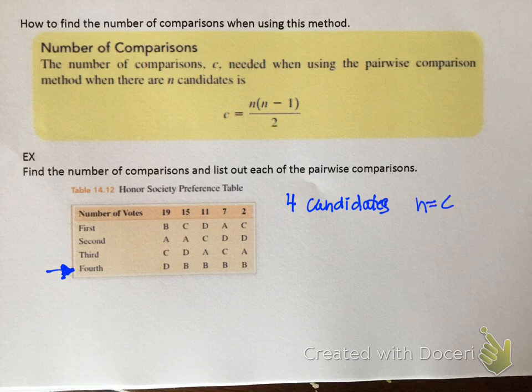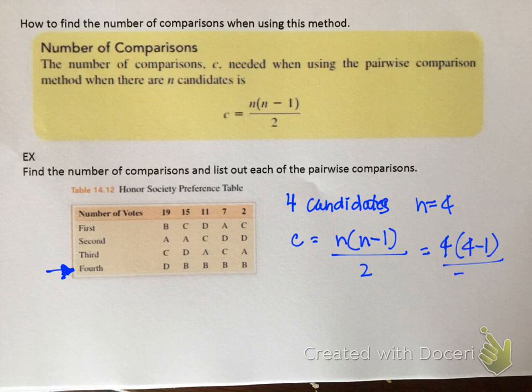So n equals 4. So if I put that in the formula, C equals n times the quantity n minus 1 over 2, we get 4 times 4 minus 1 over 2. So this becomes 4 times 3 over 2, which is 12 divided by 2. That's 6. So I know I have 6 comparisons that I have to write out.